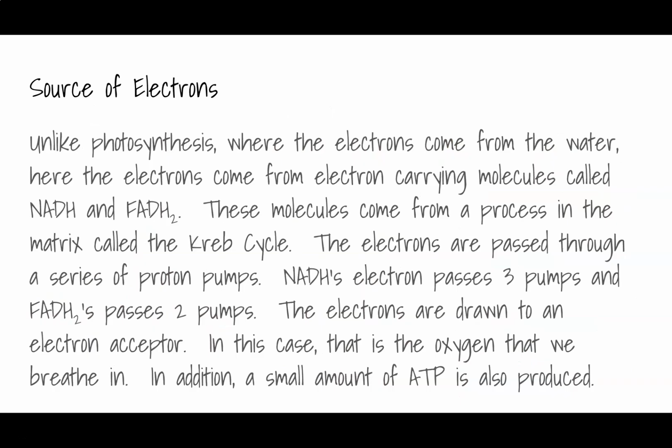So let's see what's going on. Unlike photosynthesis, where the electrons came from the water, here the electrons come from the NADH and the FADH2, which came from the Krebs cycle, which you didn't learn yet, I'm going to tell you in a second. And the electrons are going to be passed through these pumps. Since the NADH goes through 3 pumps, that means it moves 3 hydrogens.